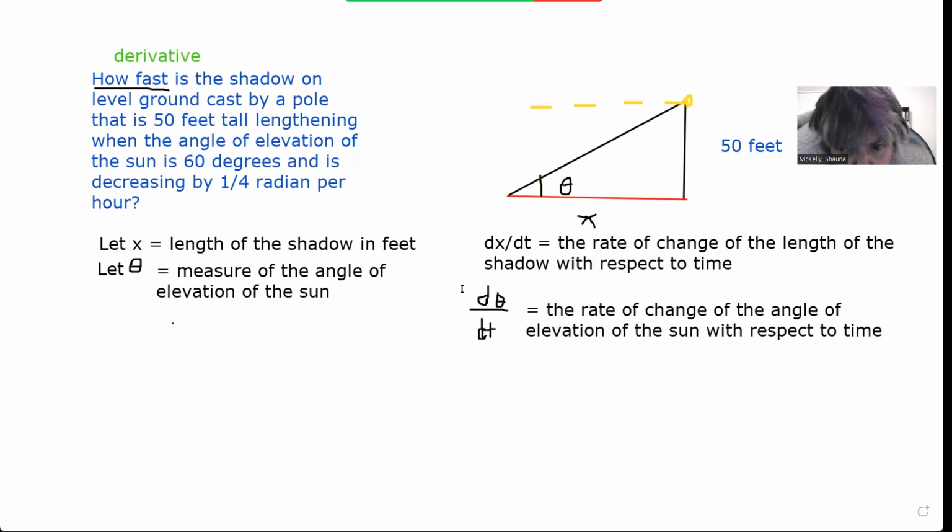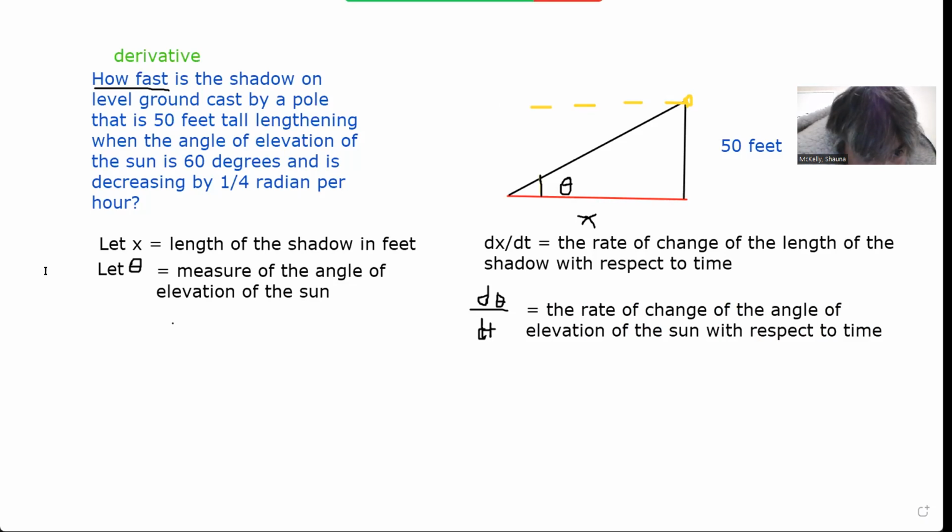What I need to do here, unlike the first example where it was just a formula, here we have to understand a few things, okay? How fast is the shadow on level ground cast by a pole that is 50 feet tall lengthening? So we want to find this piece here.